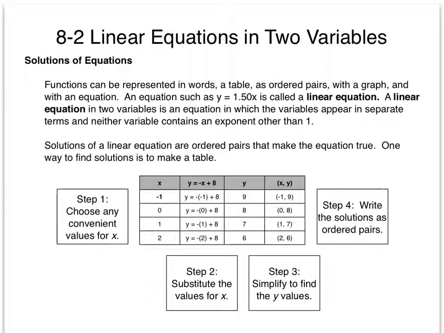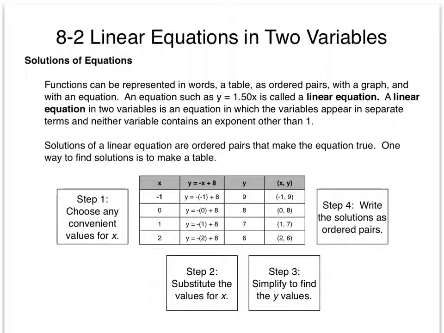So in the second column, you'll see that we have y equals negative times -1 plus 8. Because our x was negative, we have to keep that negative there. Negative times -1 is 1, plus 8 is 9. Y equals negative times 0 plus 8. Well, negative times 0 is just 0, plus 8 is 8.